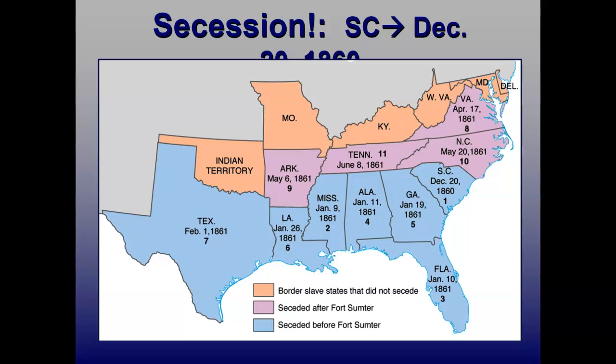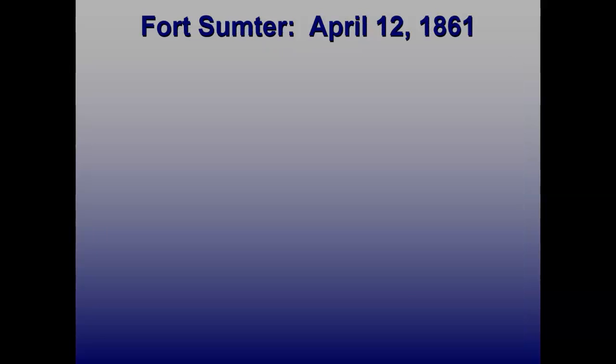South Carolina, which has seceded, will try to take over a coastal fort named Fort Sumter, and in April of 1861, just days after Lincoln is sworn in, South Carolina will move to seize this fort from federal hands. Lincoln will maintain the idea that this is federal property and must be protected, and so he will not give it up.